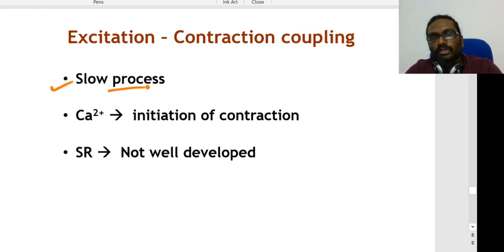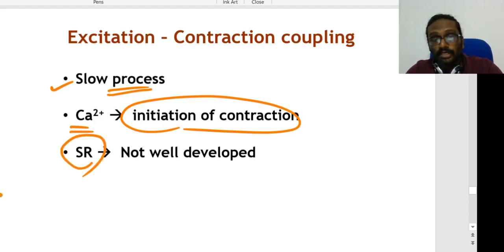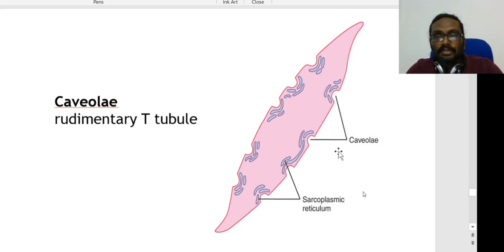It is a slow process. Calcium is very important for contraction. We already learned this in cardiac muscle too, that extracellular calcium plays a very important role. And I have already told you that there is an underdeveloped sarcoplasmic reticulum that you find in smooth muscle.